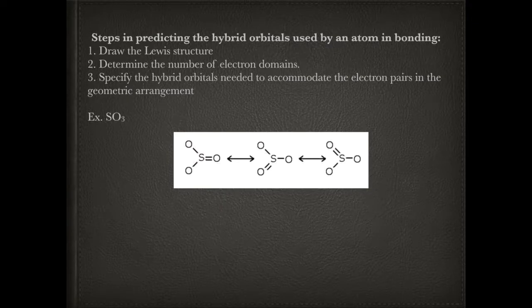If instead you had 4 electron domains, like in the previous slide, it would be sp3. If instead you had 2 electron domains, it would be sp. And then if you had 5 electron domains, notice sp3, you can't go above 3 for the p because there are 3 orbitals. So then you would go to the d. So it would be sp3d for 5 electron domains.